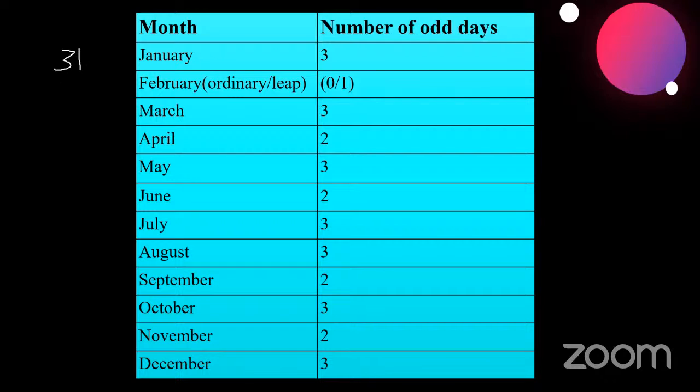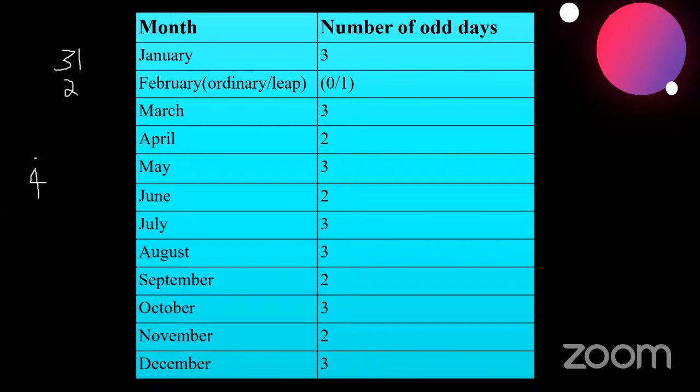So how many completed weeks are there? Ma'am, 5. 5 completed weeks? No, 4 completed weeks, ma'am. Okay, 4. 7 fours are 28.